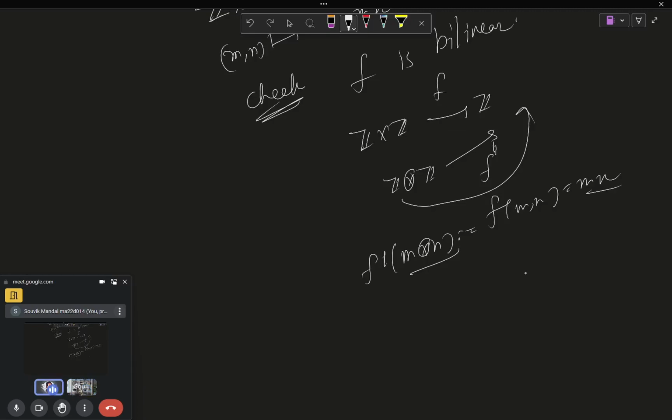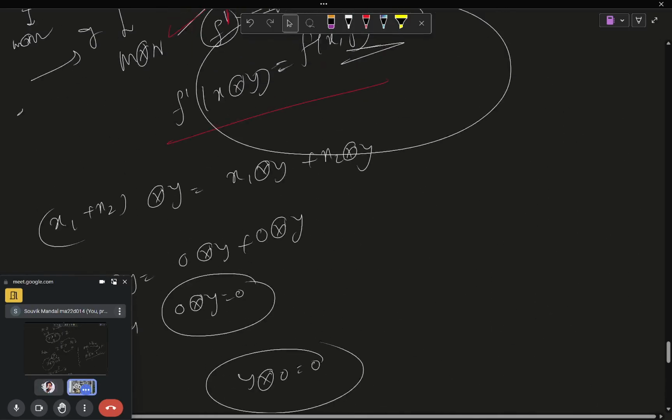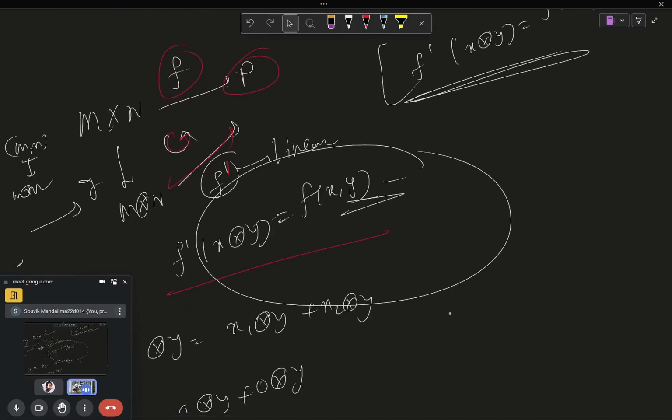Sir, here, last line, from the property. Yes, let me repeat. So now this portion. What we have already seen is that for a bilinear map from N cross N2, we will have some map f dash such that this commutes, and f dash is given by f dash of x tensor y equals f of (x, y).